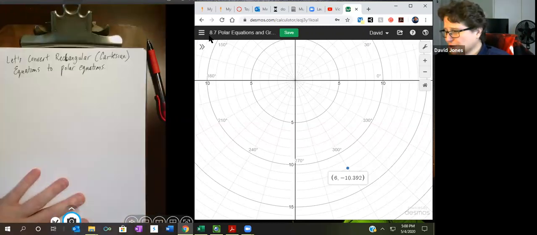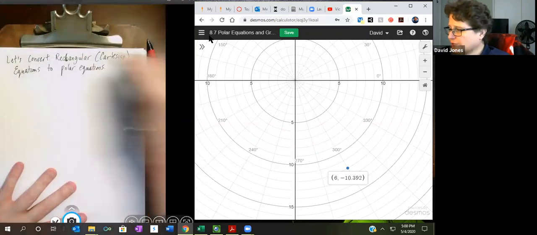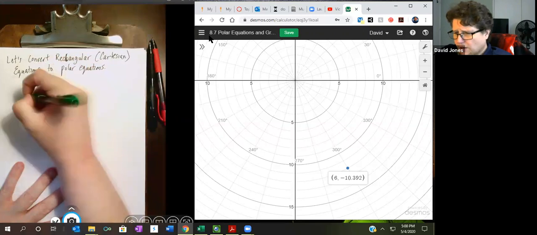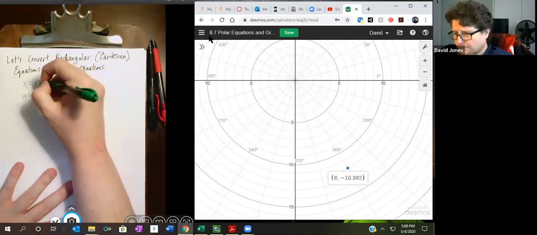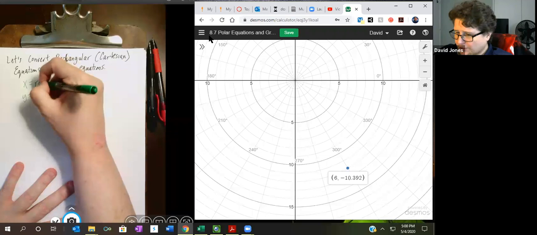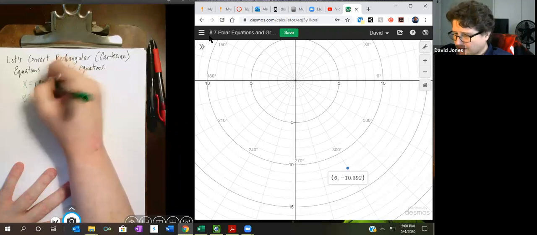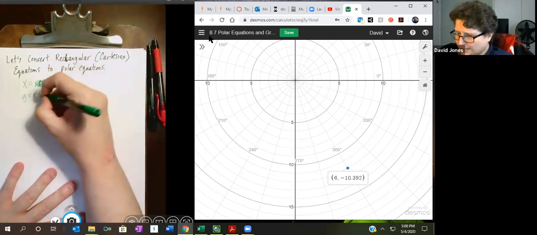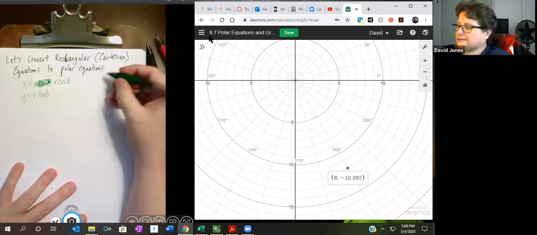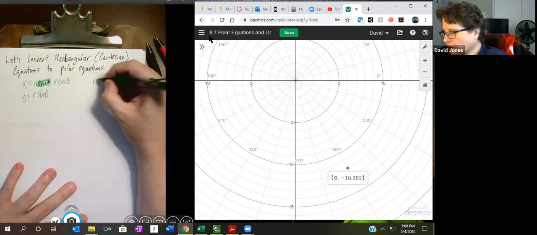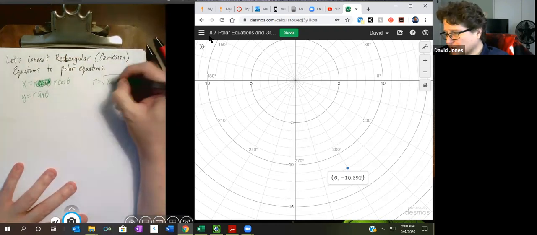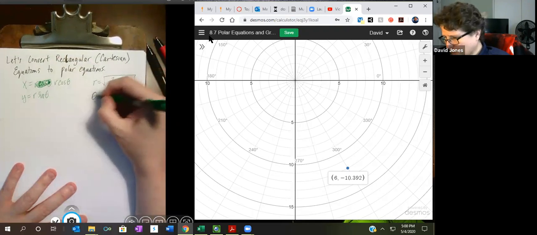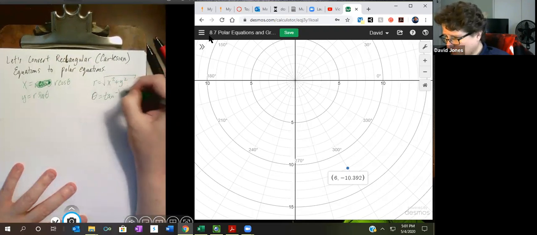What are we going to use? Our good old conversion formulas. X equals R cosine theta, Y equals R sine theta, or we can do R equals the square root of X squared plus Y squared, or theta equals tangent inverse of Y over X.